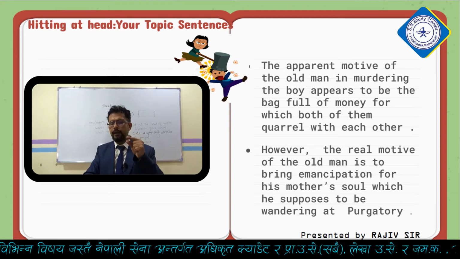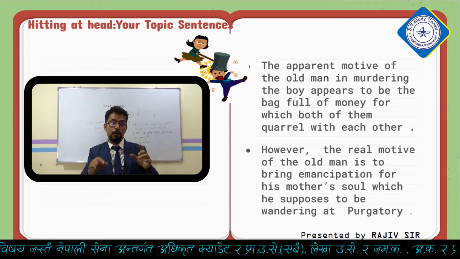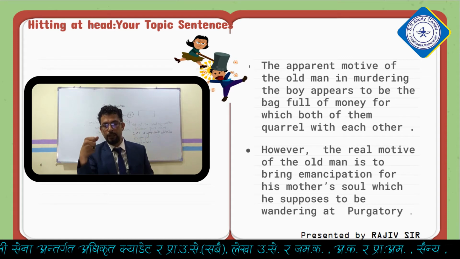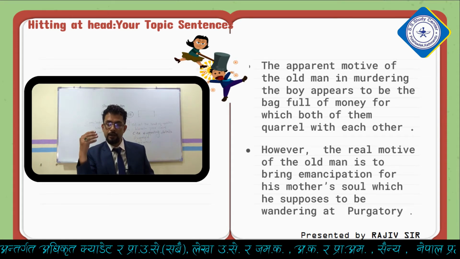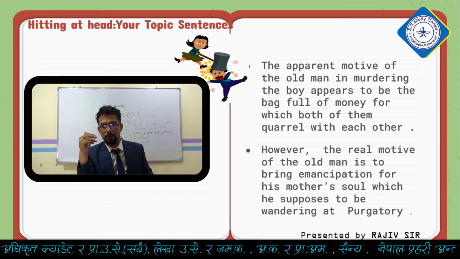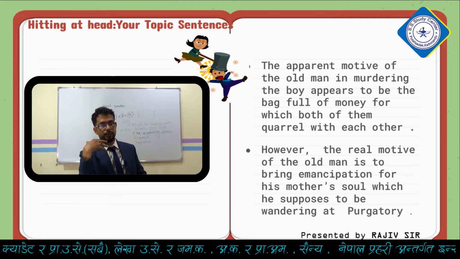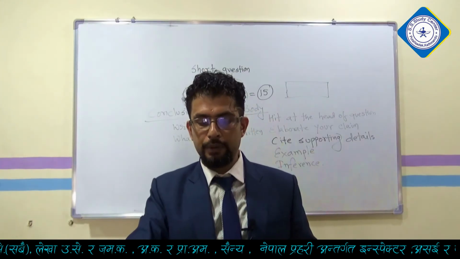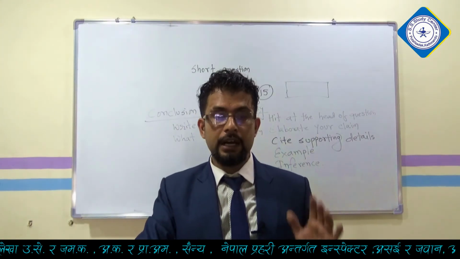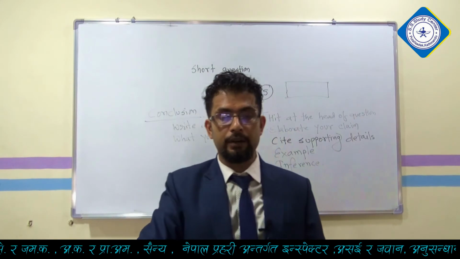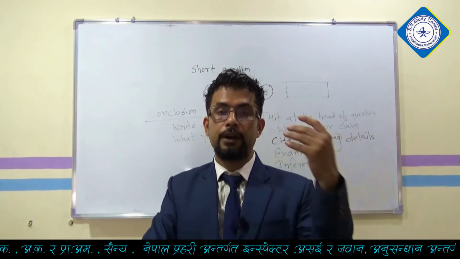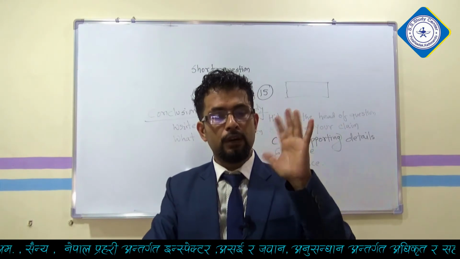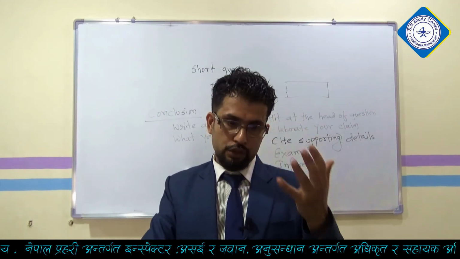However, the real motive of the old man is to bring emancipation for his mother's soul, which he supposes to be wandering in purgatory. This is how you have developed it. Now develop your argument, and whenever you develop it, make points to justify your argument. Focus on what happened when the man was 16 years old.